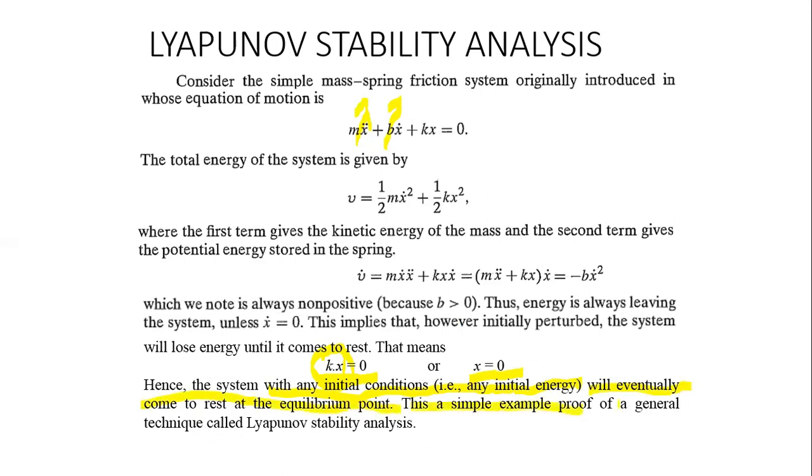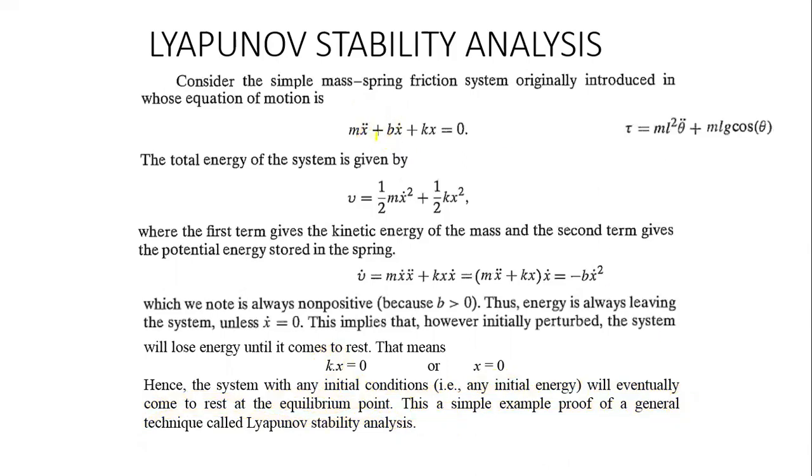This is a simple example proof of a general technique called Lyapunov stability analysis. The detail about this Lyapunov stability analysis is covered in a lecture, and it is uploaded on YouTube. So you can refer to that YouTube video to understand this Lyapunov stability analysis in more detail.